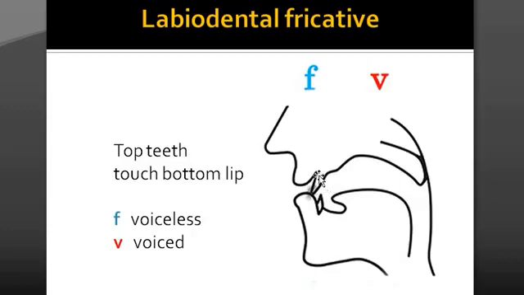So to pronounce these sounds, your top teeth touch your bottom lip, and as you blow air, as you blow your breath through here, it makes friction. Friction, remember, is when two things rub together like this. That is called friction.